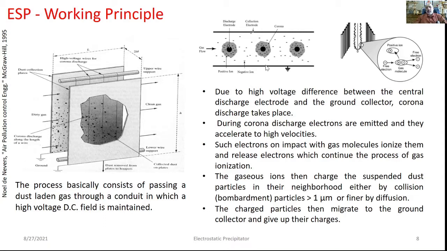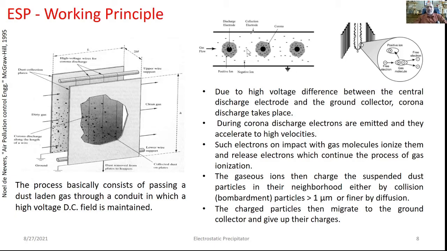As you see here, these wires are discharge electrodes which are charged to a very high voltage so that it creates an electrical field between the wire and the plate. Any stray electron entering this stream will get charged as it experiences the electrical field between the plate and the wire.